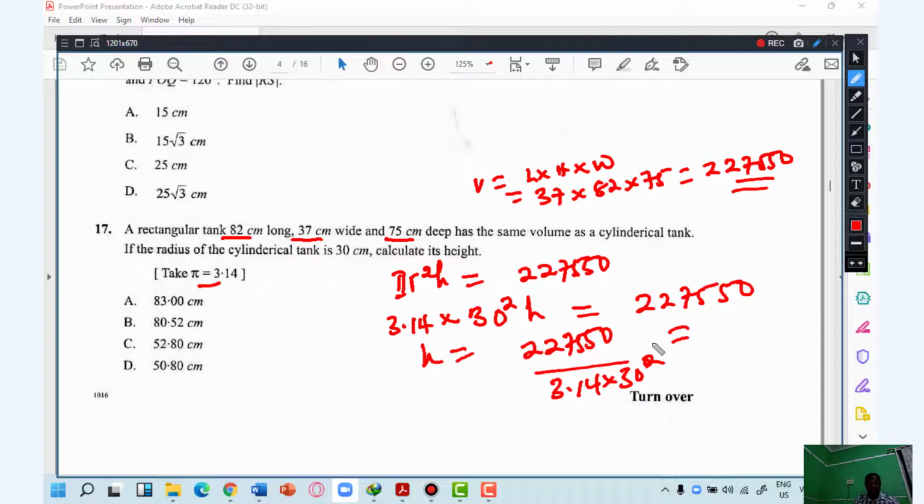Good. So our answer will be 80.52, and the answer is the shaded. Good. So you find the volume of the water tank, then you use it to compare to take it as the volume of the cylinder, then solve for the height.